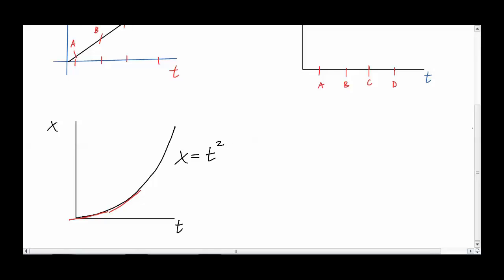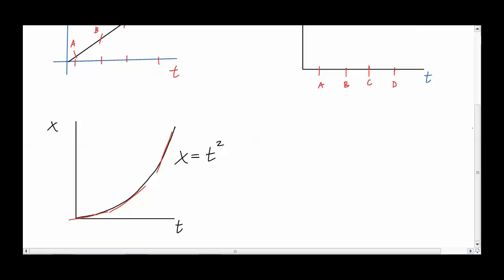And now if I were to find the instantaneous velocity, I would have to find the slope of a tangent line at each particular time. So those little red tangent lines there.